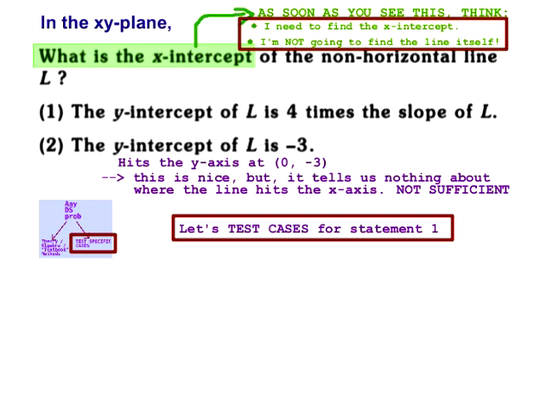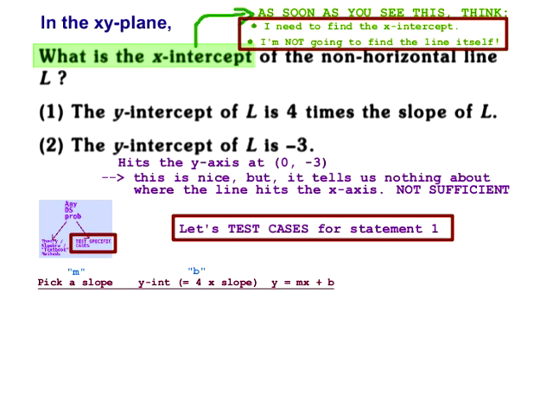So pick the slope of L. And then the y-intercept is going to be 4 times the slope. Remember in our equation y equals mx plus b, the slope is the m value and the y-intercept is the b value. So then this is the equation, y equals mx plus b.